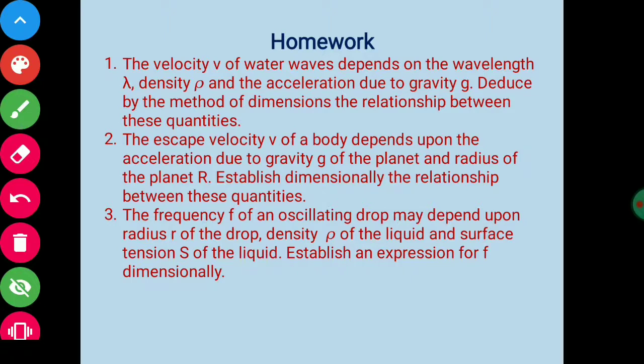The second question: escape velocity of a body depends, meaning velocity depends upon the acceleration due to gravity and the radius of the planet. So derive the relationship between these quantities.